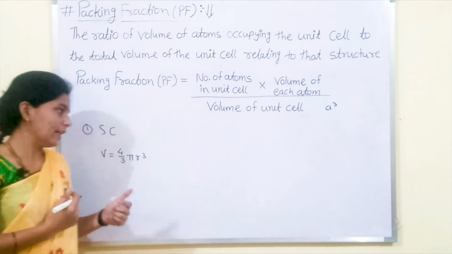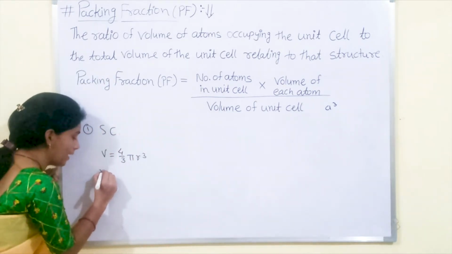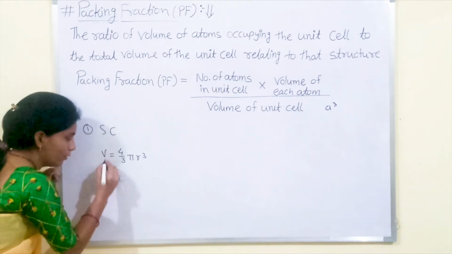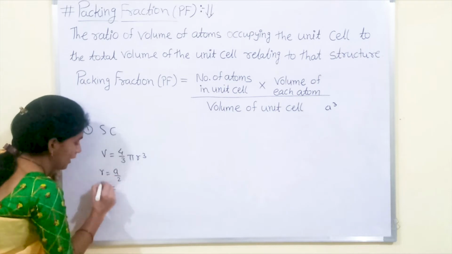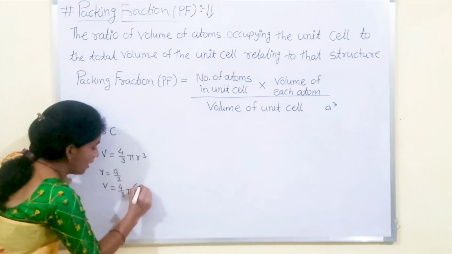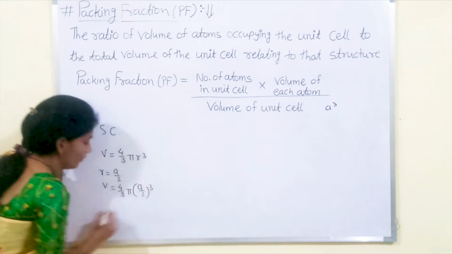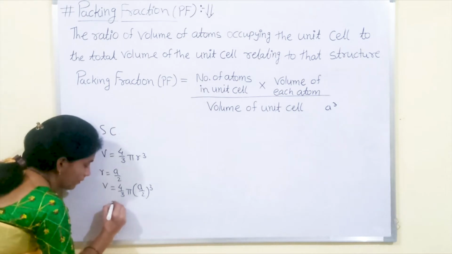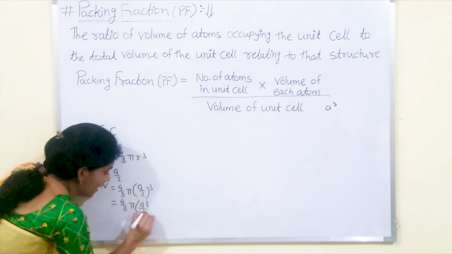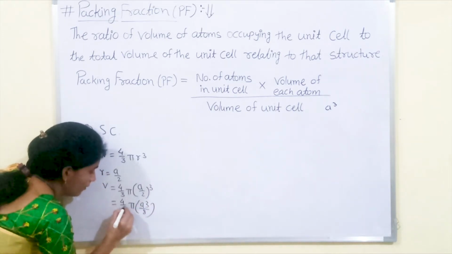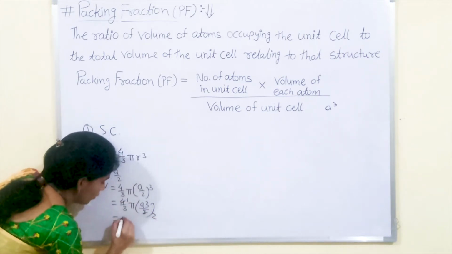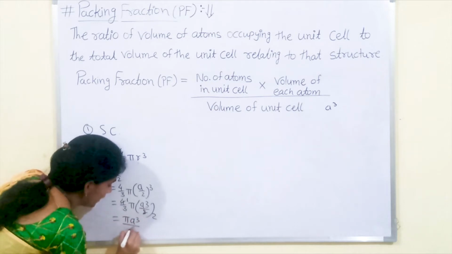We have calculated that the radius of the atom for simple cubic is a by 2. Putting this value in V, we get 4 by 3 pi into a by 2 cube, which is 4 by 3 pi a cube divided by 8, so pi a cube divided by 6.